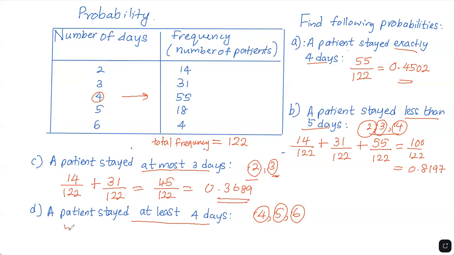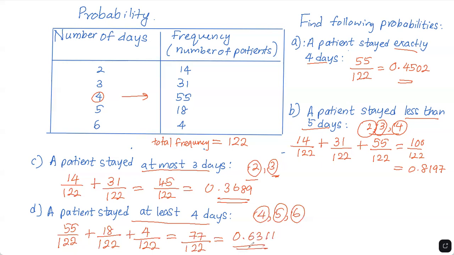The first event 4, the frequency is 55 out of 122 plus the second event, number of days is 5, frequency is 18 over 122 plus, and the last event is number of days 6, the frequency is 4 out of 122. So this equals 77 out of 122. As a decimal number, this is 0.6311.